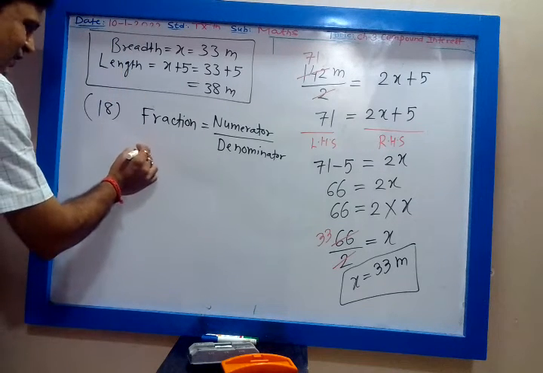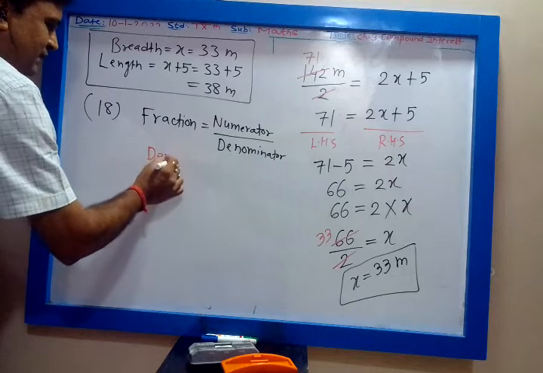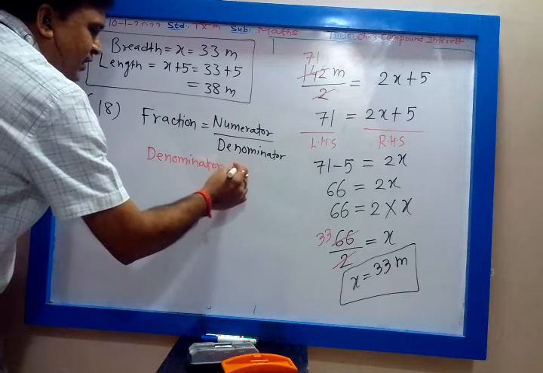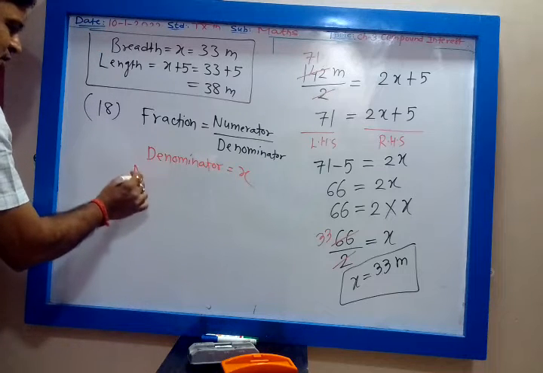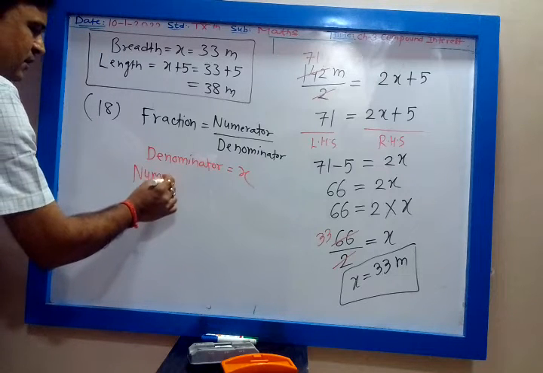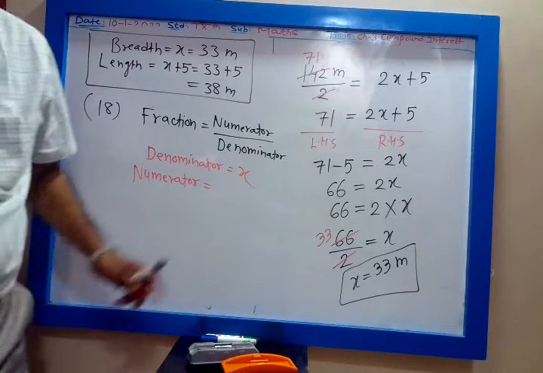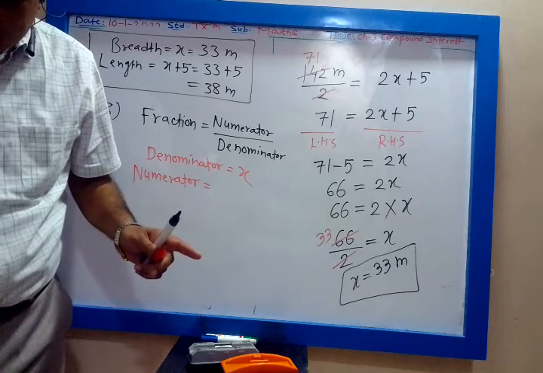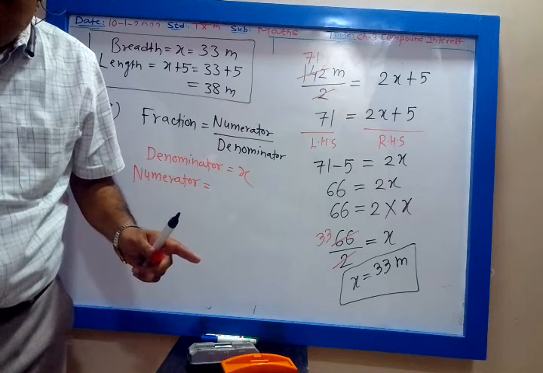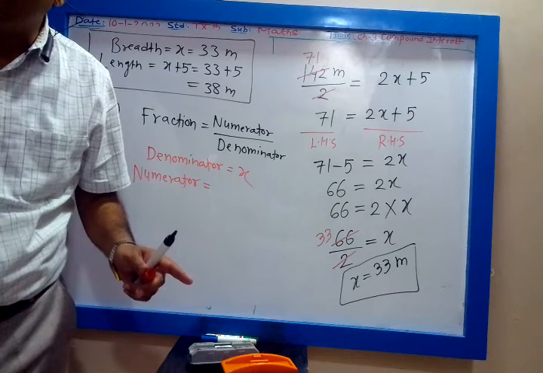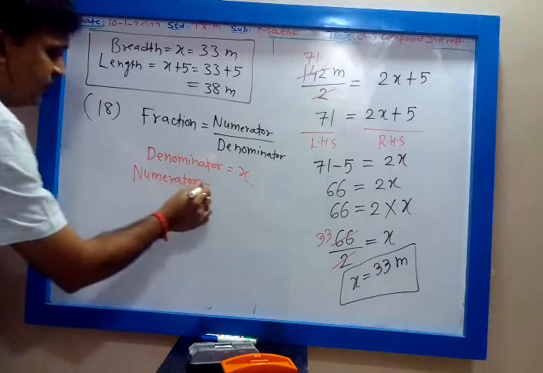So let us take denominator as x. Then what will be numerator? See here, numerator of a fraction is 4 less than denominator. So less than denominator, first I will write denominator.